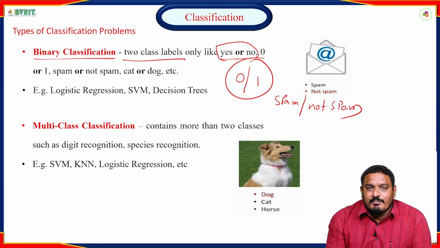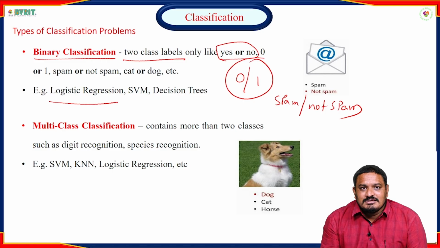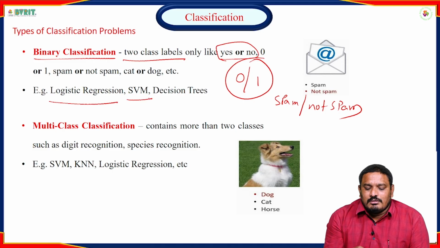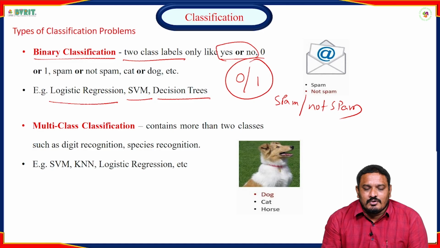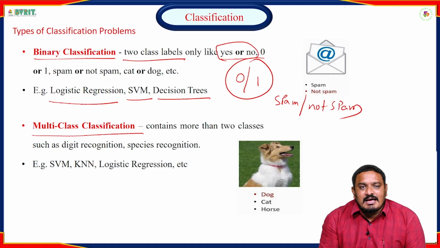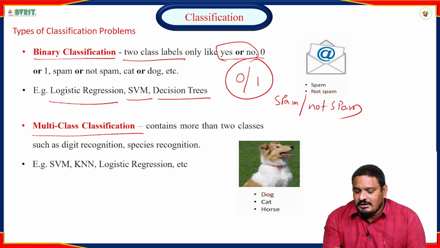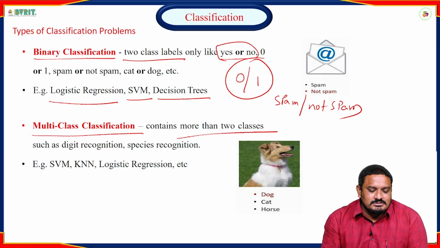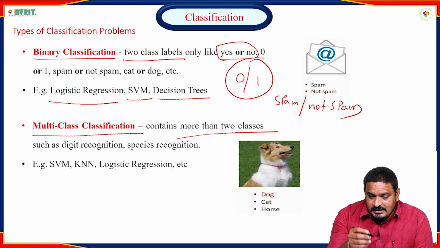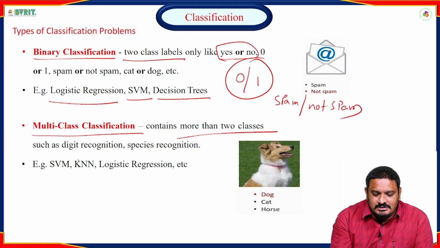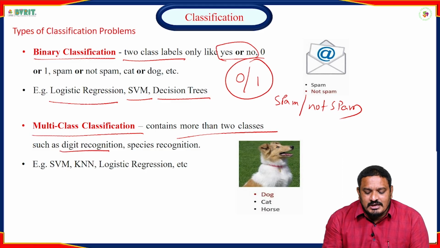The best examples of binary classification are logistic regression, SVM models, and decision tree. Coming to multi-class classification, it contains more than 2 classes. The best examples of multi-class classification are digit recognition and species recognition.